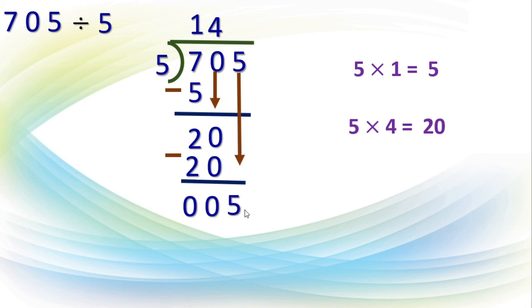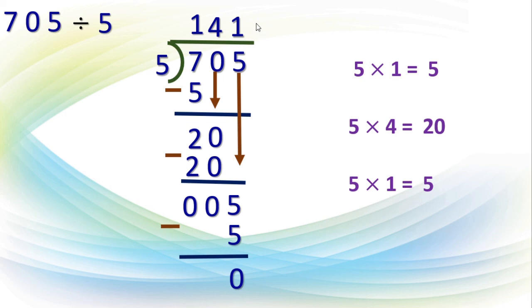Now 5 ones are 5. So we will write here 5 minus 5 is equal to 0. Got this, children? Here 141 is the quotient, 5 is the divisor, 705 is the dividend, and 0 is the remainder.